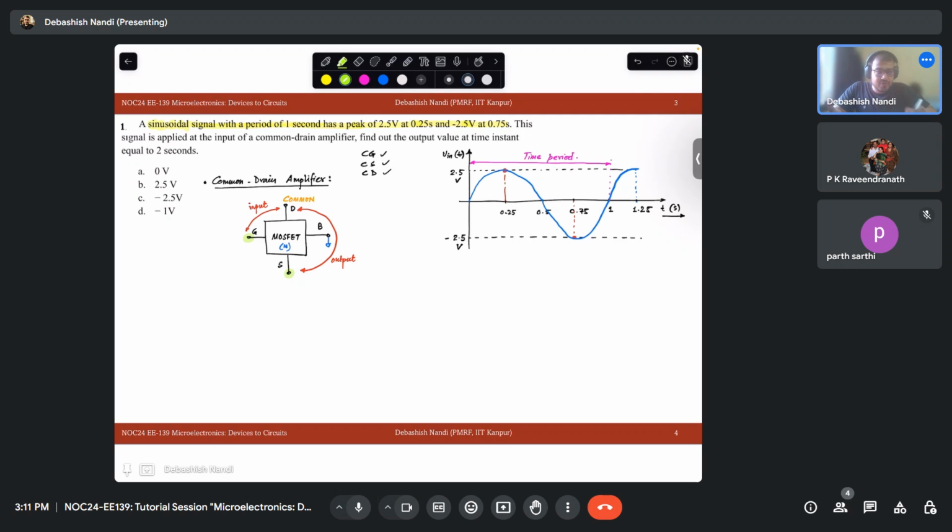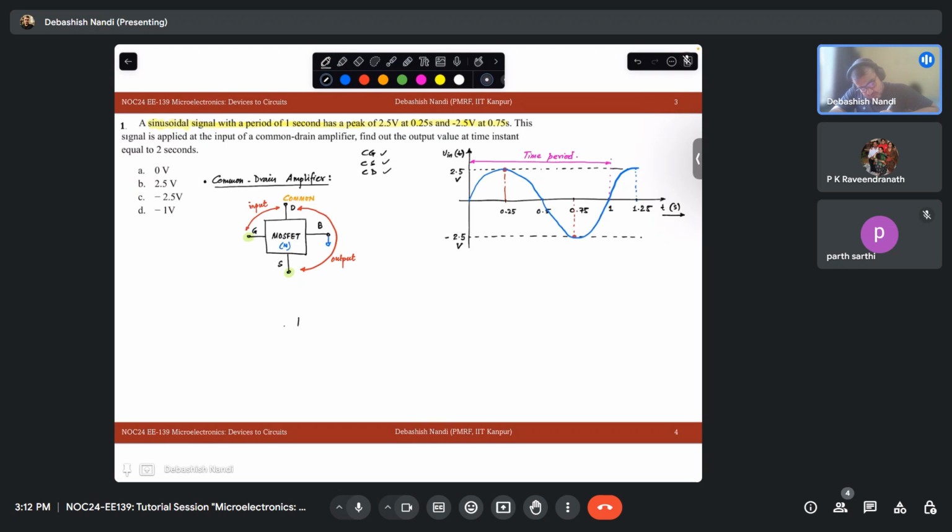Now from this analogy, this black box kind of scenario, you can draw any common source, common drain kind of structure. For example, if I draw the common drain equivalent, this is my NMOS. I am not showing the body terminal explicitly, but you can show it. This will be your gate, this will be your source and this will be your drain.